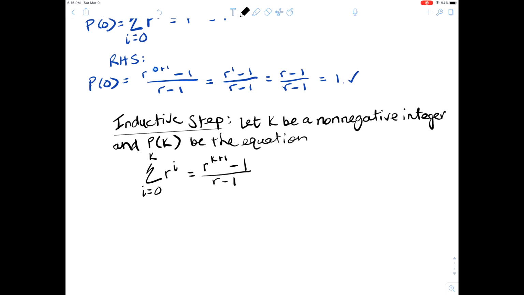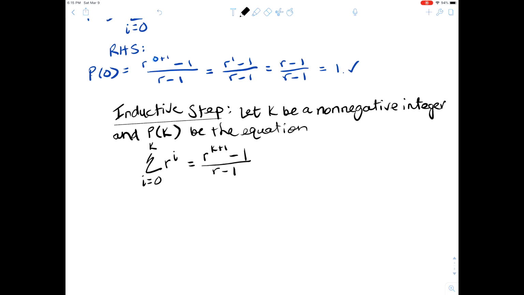Cool? Now, keep in mind our left-hand side, just so we know what it looks like. The summation from i equals 0 to k of r to the i can also be written as r to the 0 plus r to the 1 plus r squared all the way to plus r to the k.